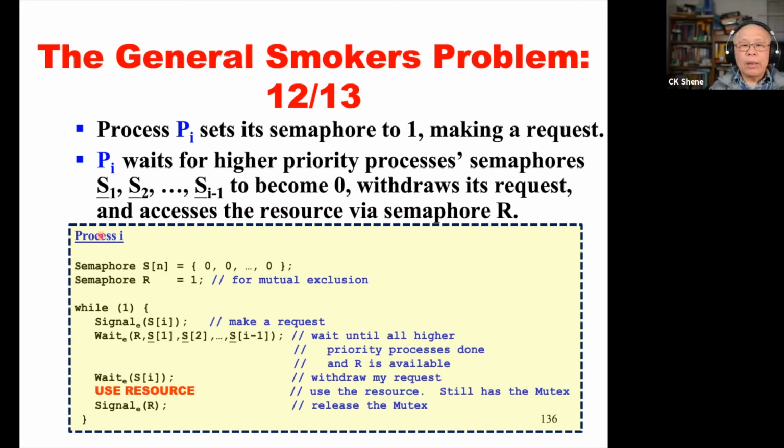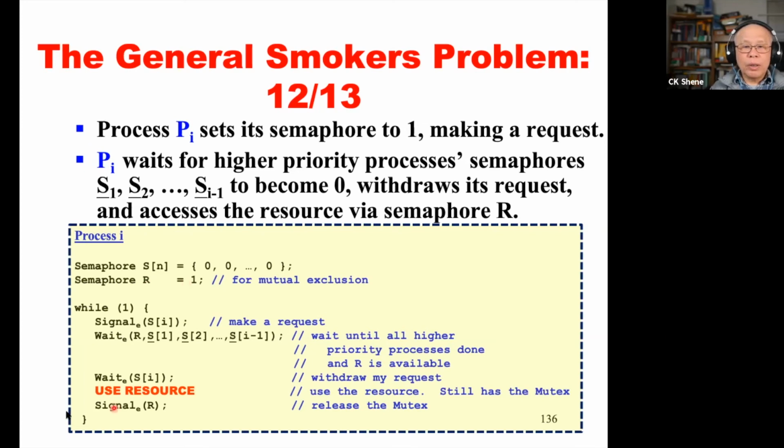So look at how process I, that's Pi, would get this resource. We declare a semaphore array, S, to control n processes, initialized to 0. And we have a semaphore R, which is to be used as a mutex for mutual exclusion.